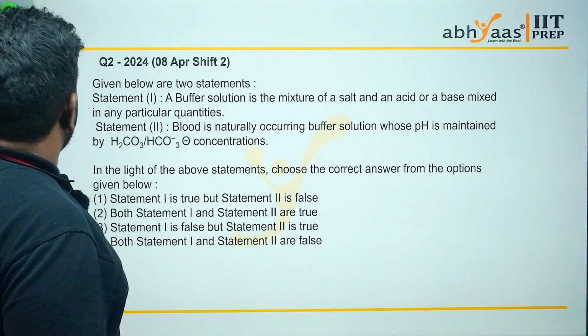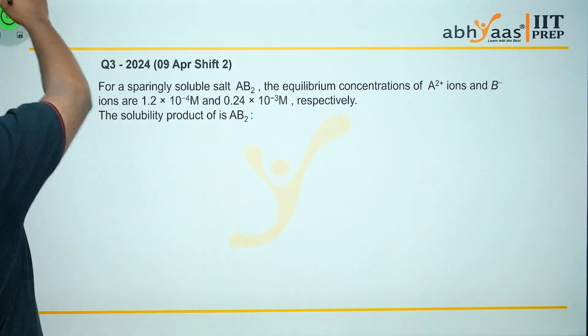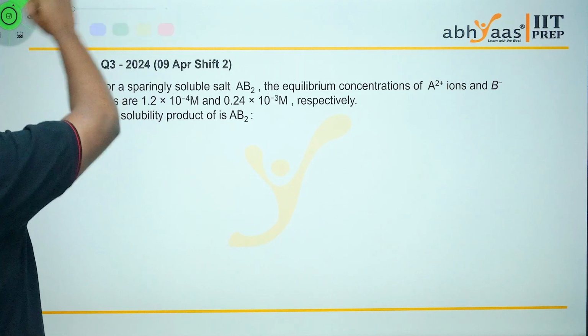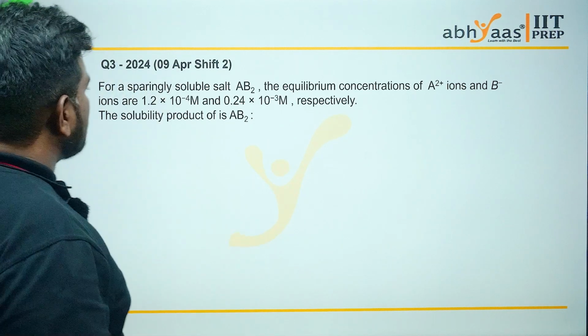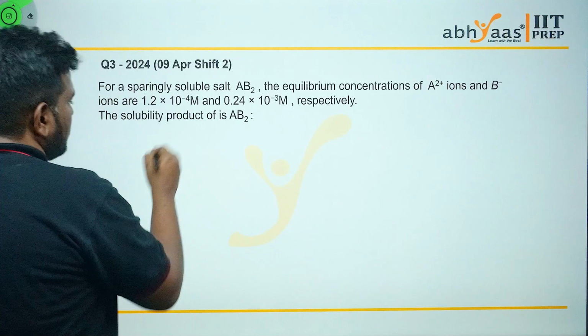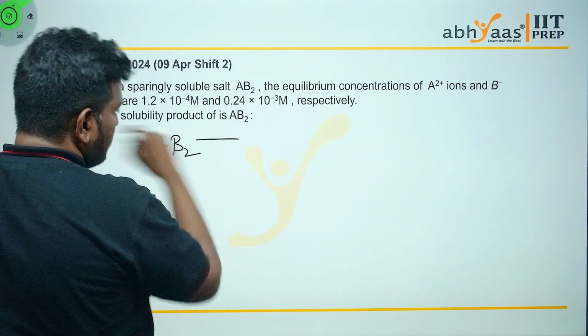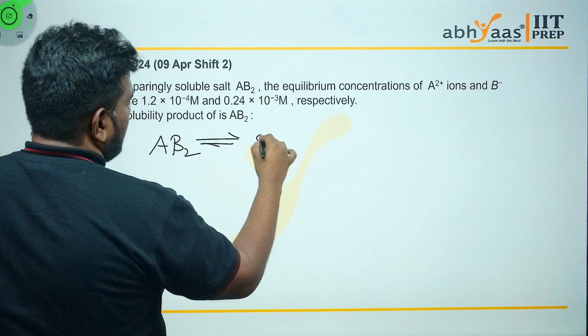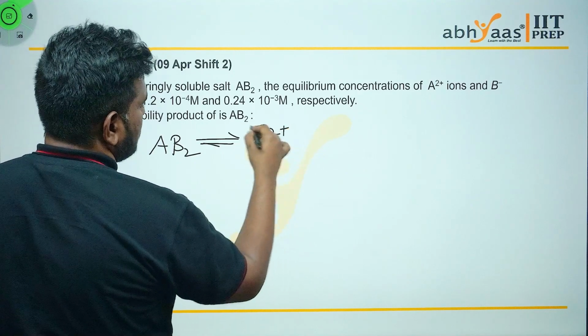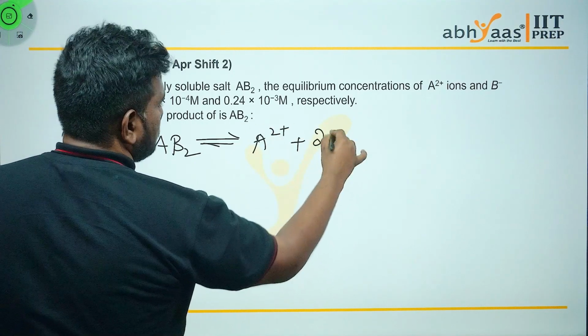Now moving to the next question, and this will be our last question in this particular session. For a sparingly soluble salt AB2, so here we are having a salt AB2. Now it will be dissociating into what? A2+ and 2B-.